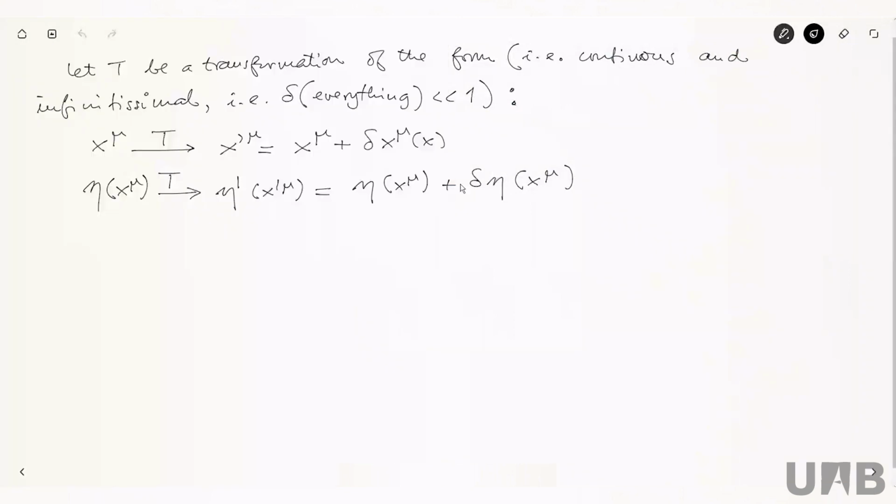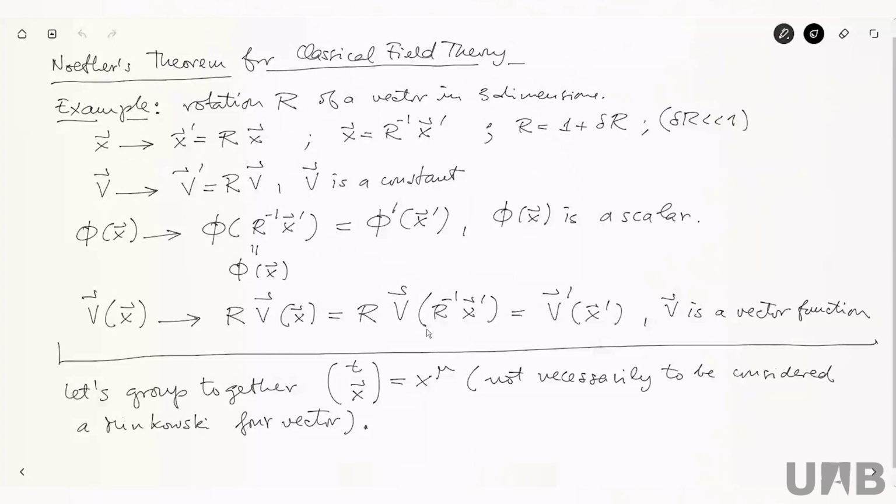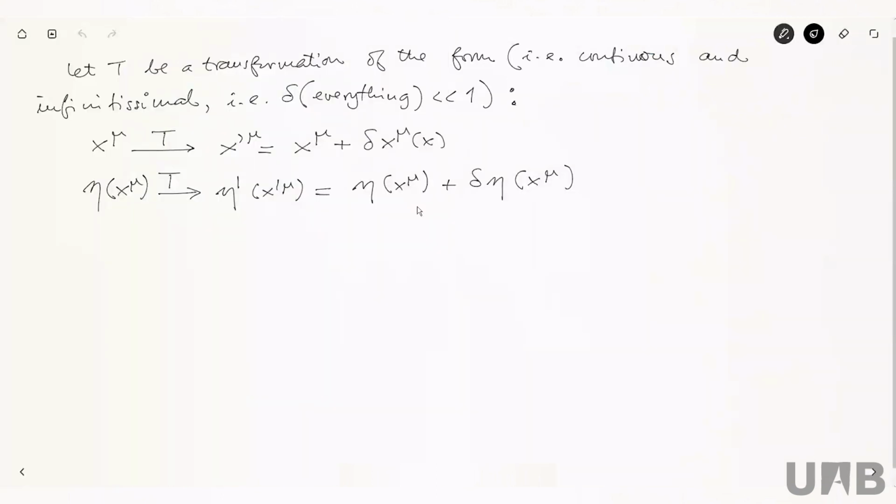So this transformation here, this variation with respect to the identity, is only the variation of eta itself. Okay, it's not the full transformation, because the full transformation now would require that I write X as a function of X prime. And this I have not done.